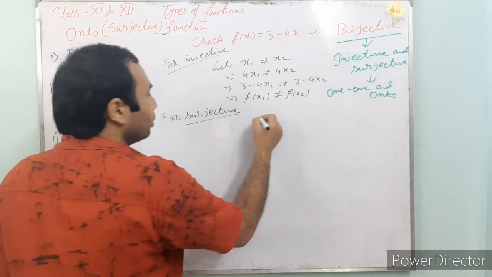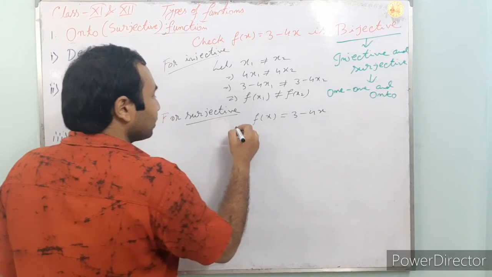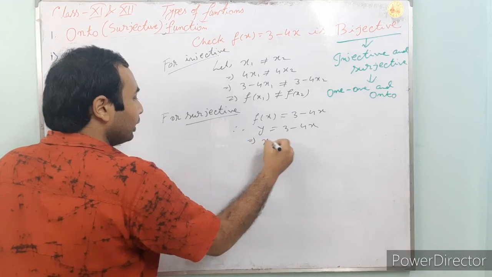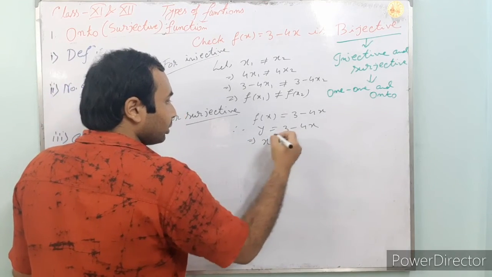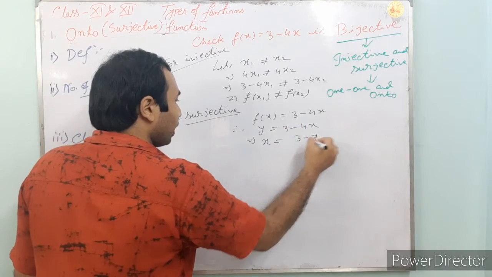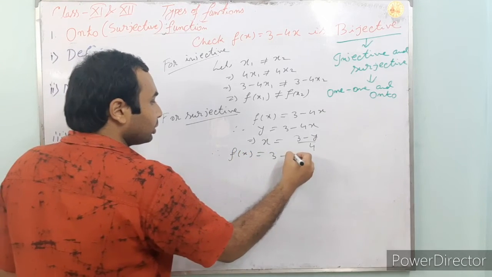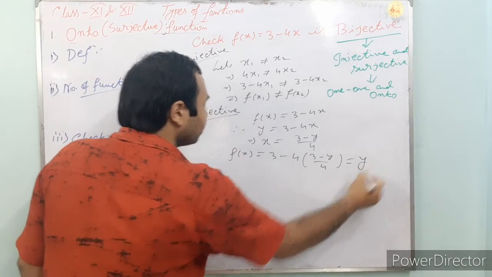For surjective, we have done this just a few minutes ago. I am just showing you, f(x) equals 3 minus 4x, then y equals 3 minus 4x. From here x equals (3 minus y) by 4. So f(x) equals 3 minus 4 into (3 minus y) by 4, which equals y.